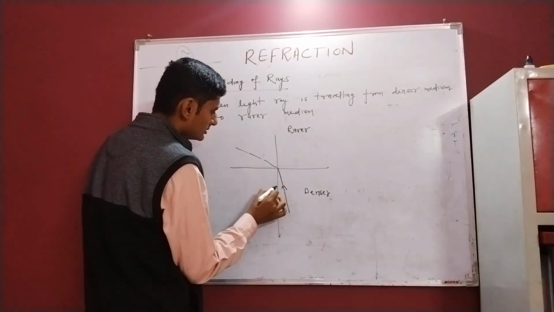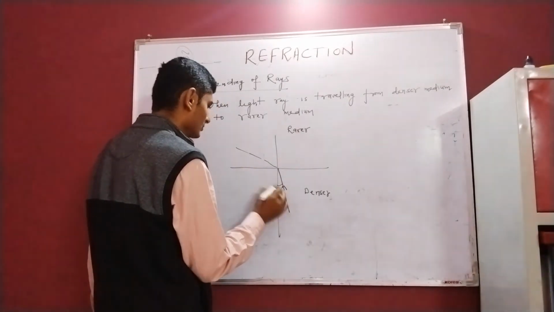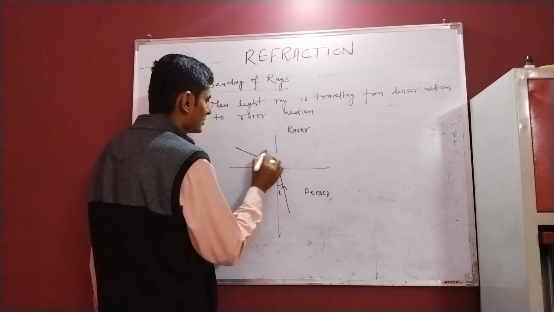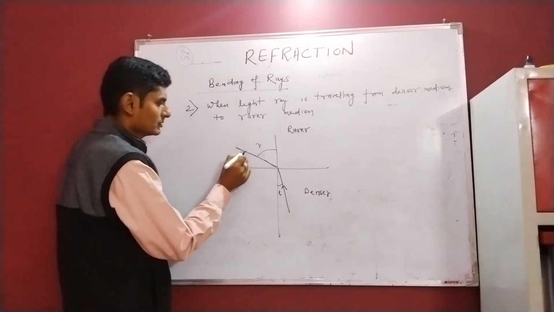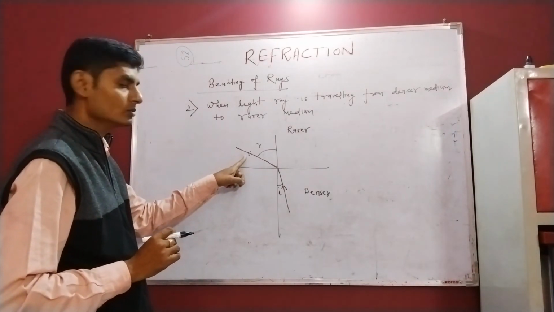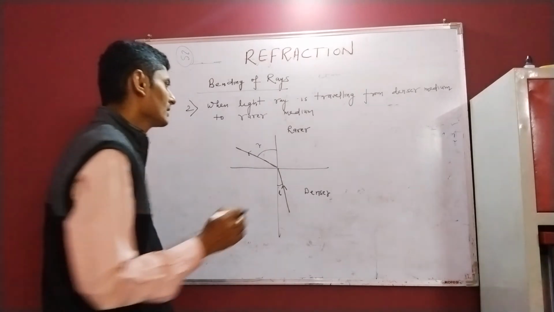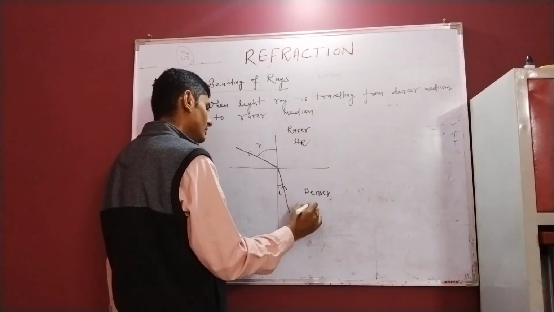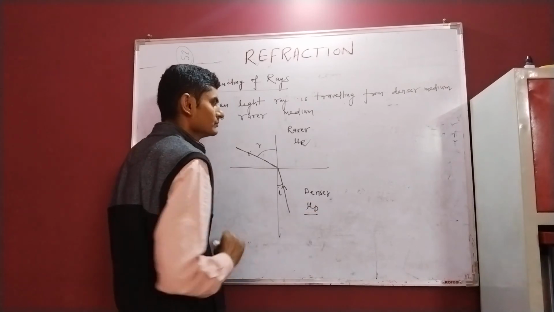Now this is I and this is R, because light is going from the denser to the rarer medium. The refractive index of the rarer medium is mu r and of the denser medium is mu d.